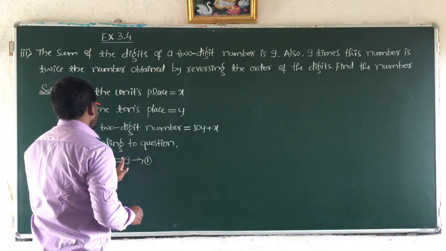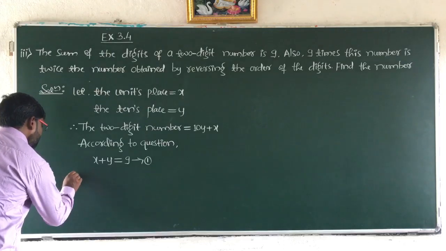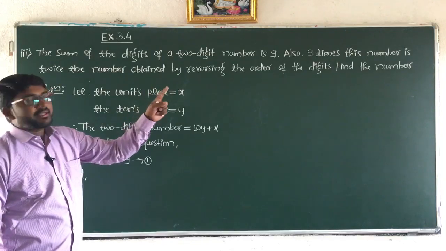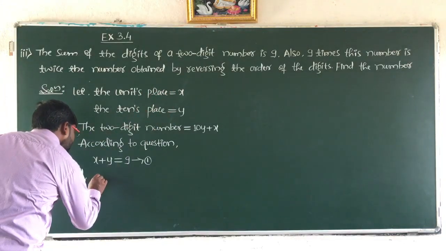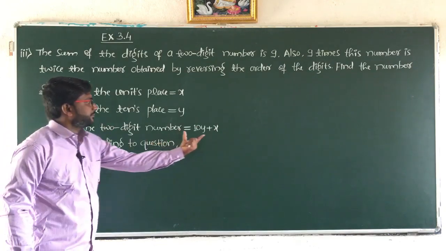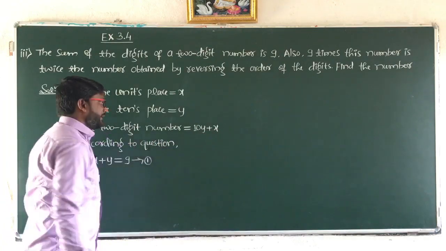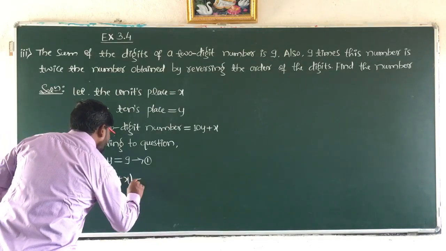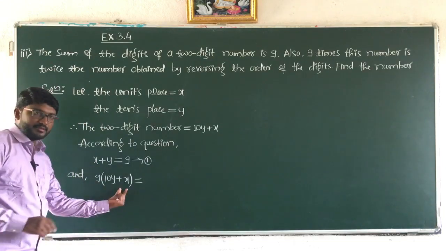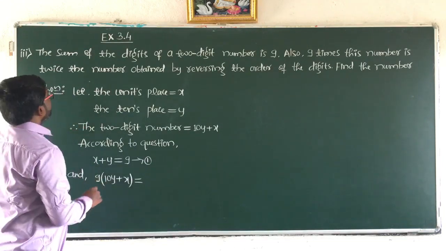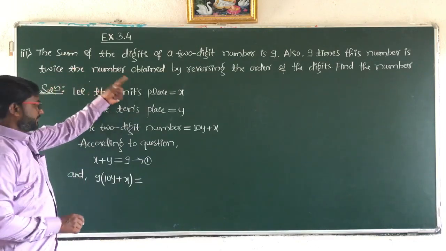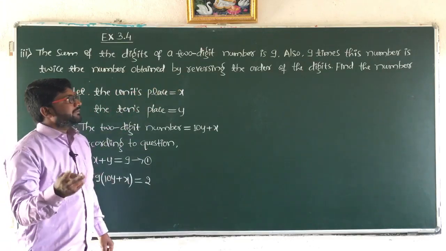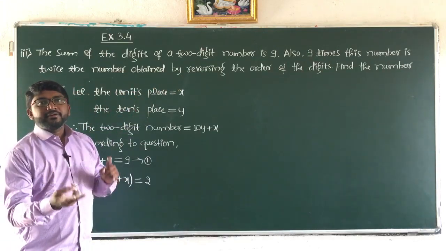Then we have the second condition. See there, also 9 times this number. 9 times means we have to multiply. 9 times this number means 9 times 10y plus x, which is equal to, then what he says, twice the number. Twice means I have to multiply by 2. Twice the number obtained by reversing the order of the digits. So we have to reverse the order now.